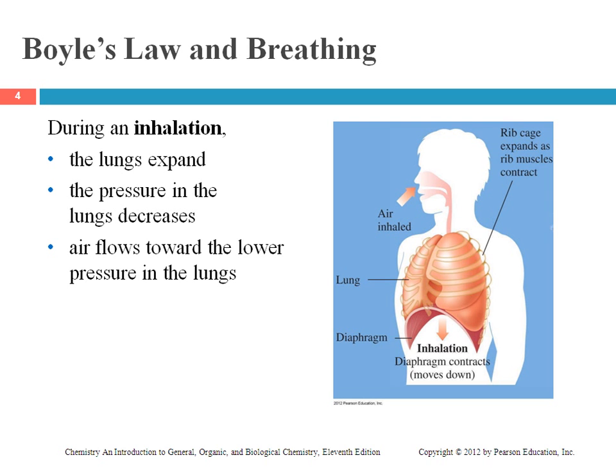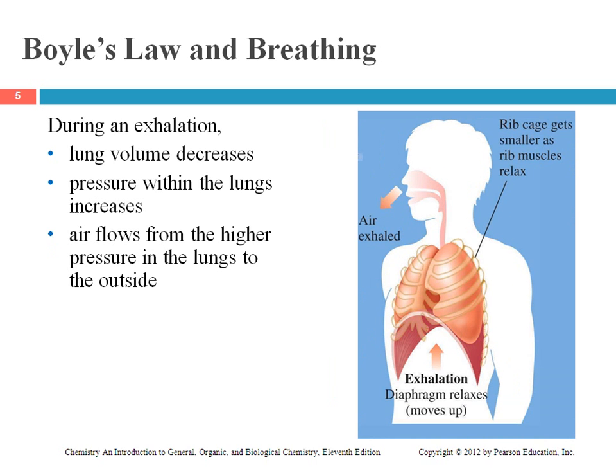There's an example of Boyle's law that hopefully you're doing right now as we speak, and that is breathing. During inhalation, the lungs expand, so the volume increases, and the pressure in the lungs decreases. This is what causes your diaphragm to contract and move down, and air flows toward the lower pressure in the lungs.